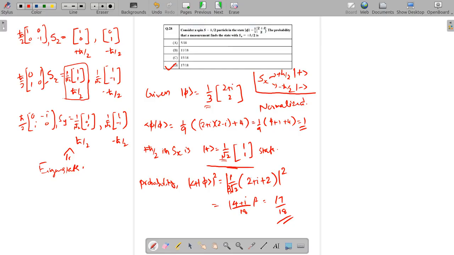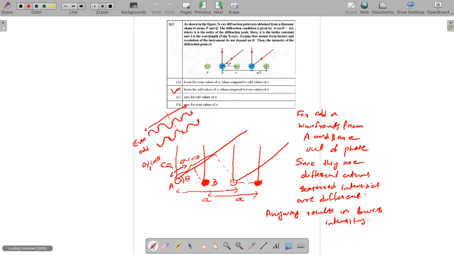Since it is a modulus square, it is |4 plus i|² divided by, in the denominator, 9 times 2, which is 18. 4 plus i times 4 minus i is 17. So you basically get 17/18. That's the answer. The only thing you have to remember is these standard notations of what the Sx plus state and Sx minus state are, and similarly Sy plus, Sy minus, etc. Okay, so that's it.